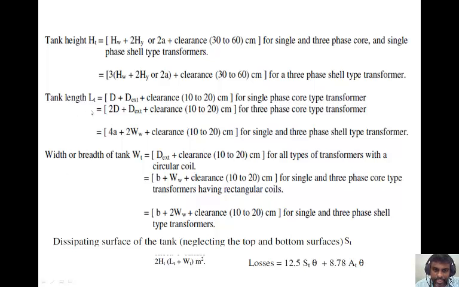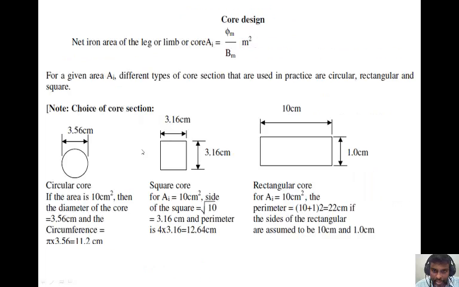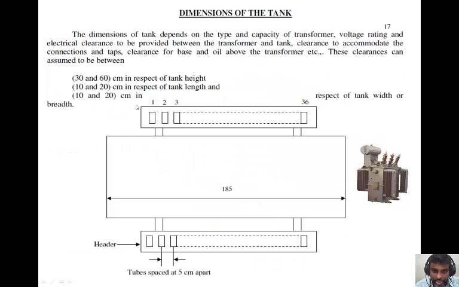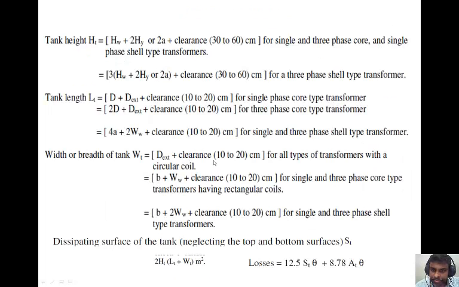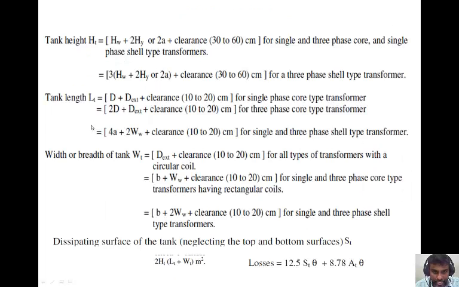Similarly, tank length is going to be D, this inner distance, and D external is this, the D external plus clearance, that is 10 to 20 centimeters. As we discussed, the clearance is 10 to 20 centimeters.